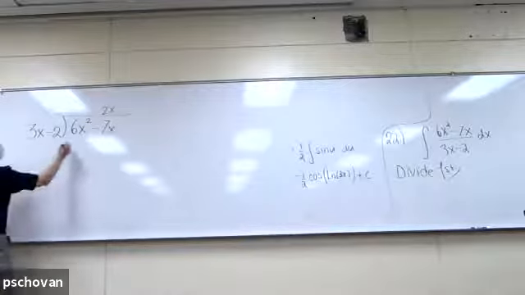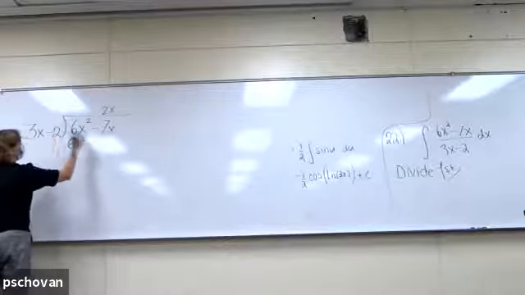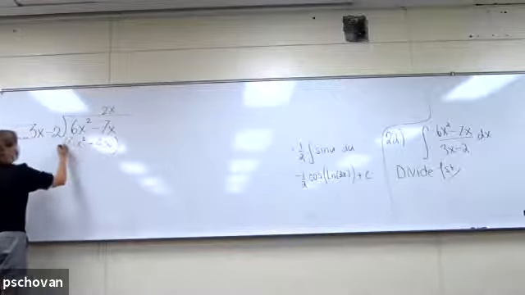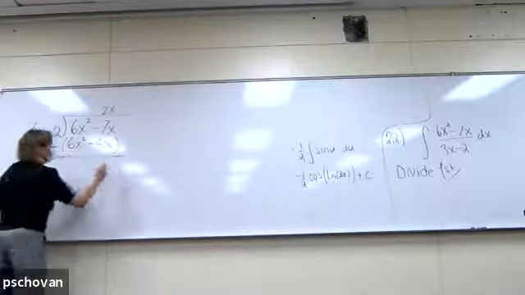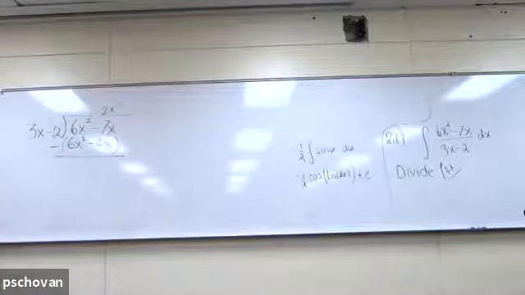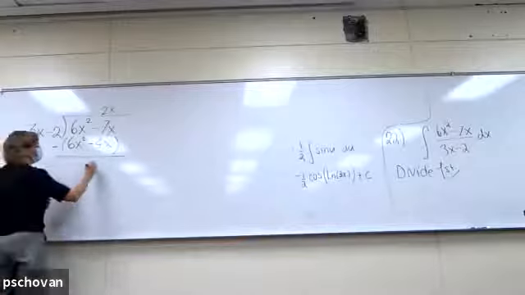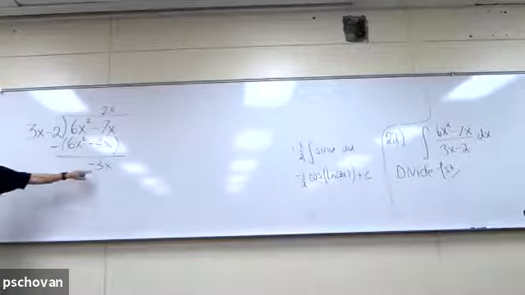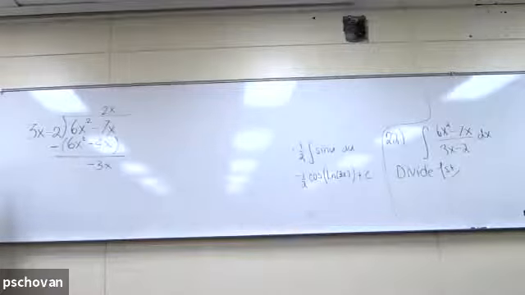2x times 3x is 6x squared. 2x times 2 is a negative 4x. And then I've got to subtract that line from the line above it. That gets rid of the x squareds. A negative 7 plus a 4 gives me a negative 3x. That's still able to divide into that.